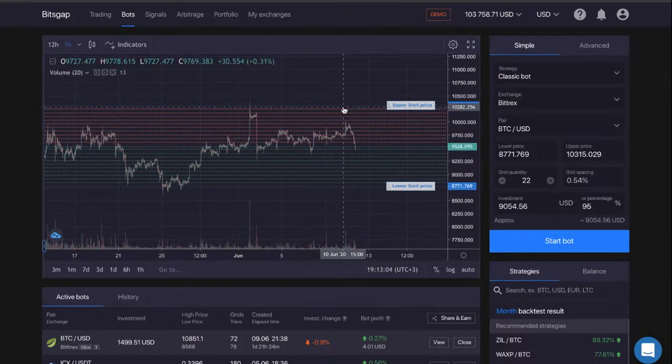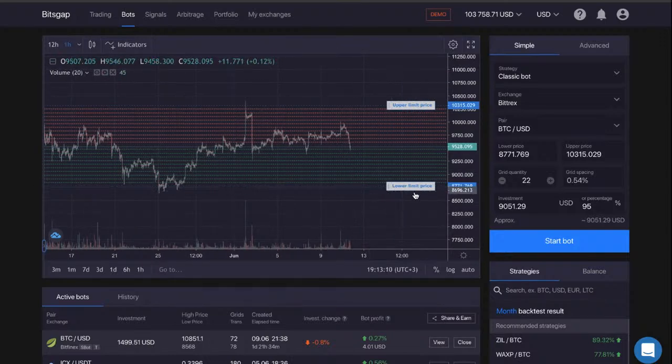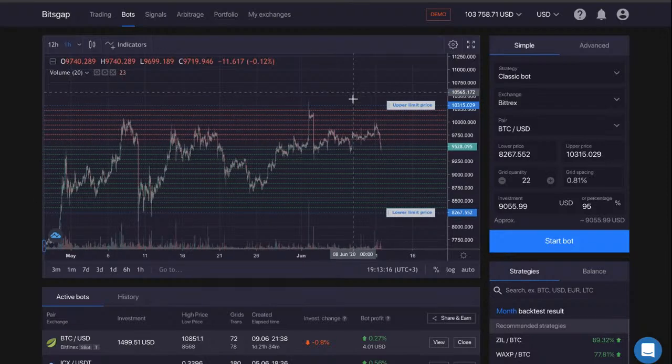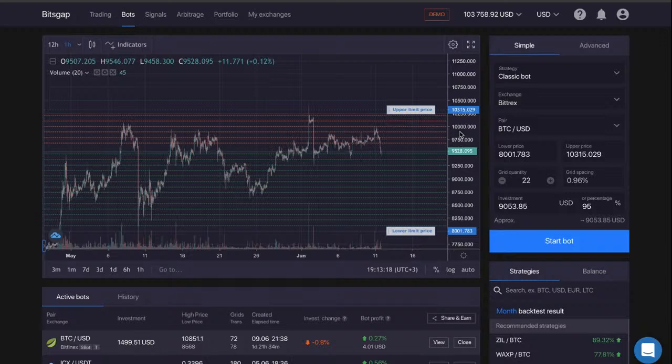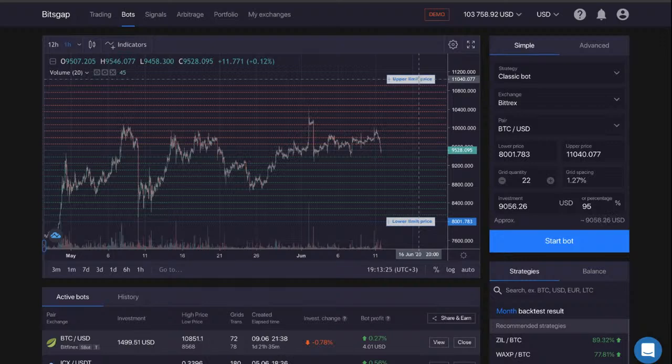And here is my trading range, which is formed by the upper limit price and lower limit price. I can widen it on the chart, like by grabbing it down, or I can grab the upper limit price and move it upwards to make a wider sell zone.